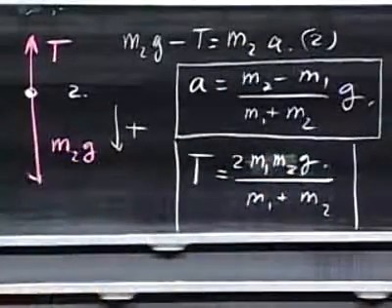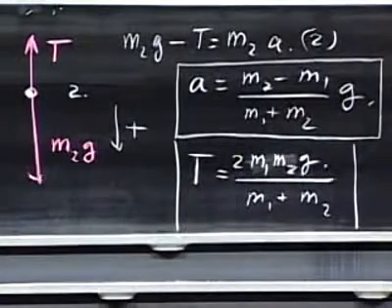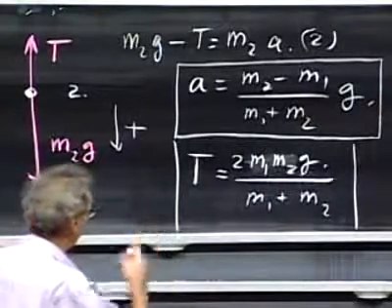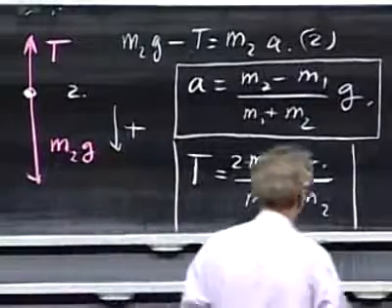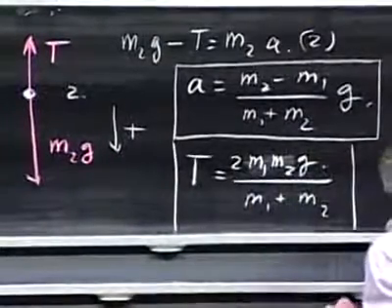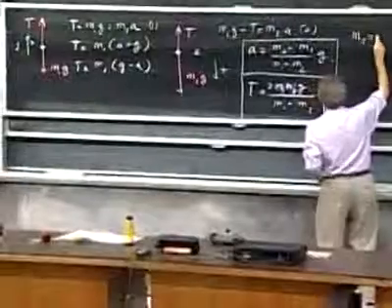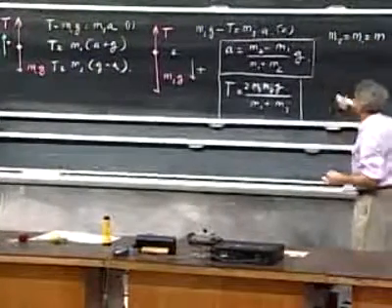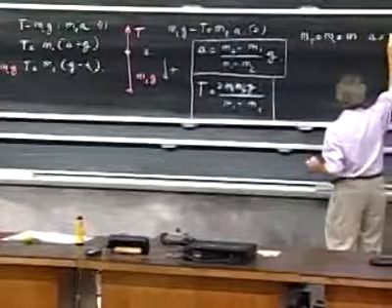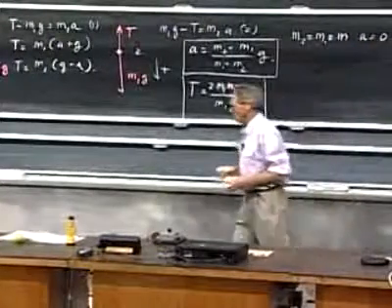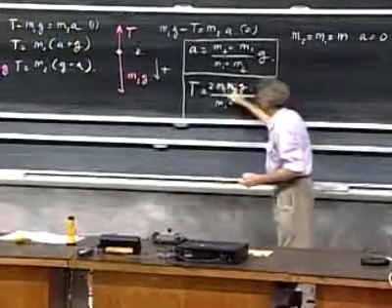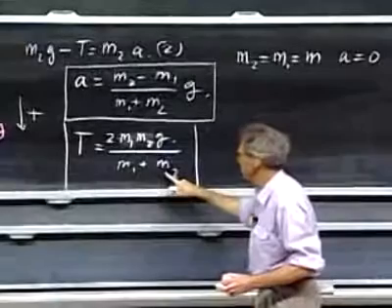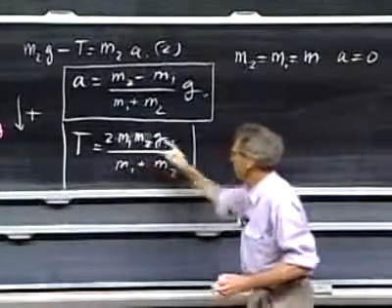Let's look at these equations. Let's scrutinize them a little. Let's get some feeling for it, rather than accepting them as being dumb equations. Let's first take the case that m2 equals m1, and I'll call that m. Notice that a becomes 0, and notice if you substitute for m1 and m2 m here, that you get 2m, you get mg.